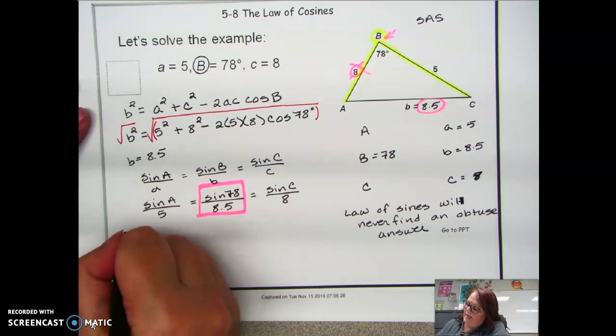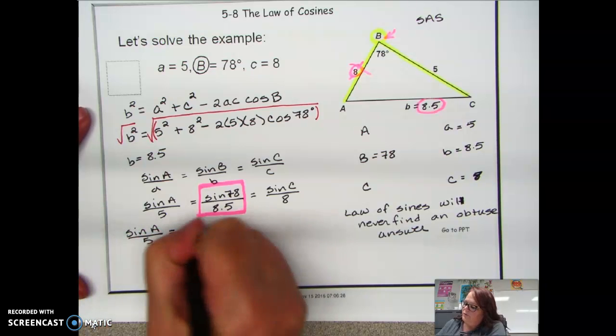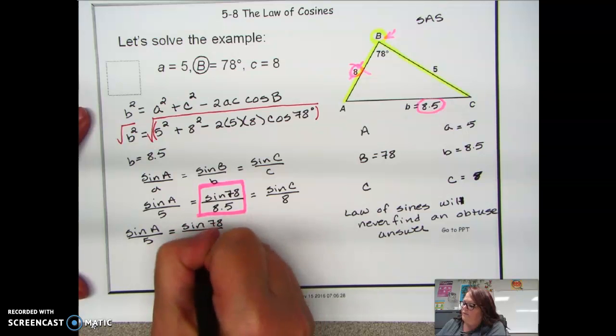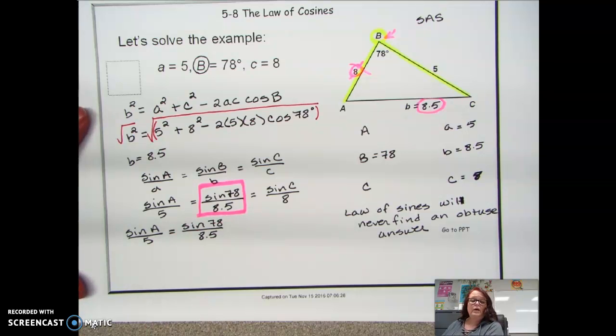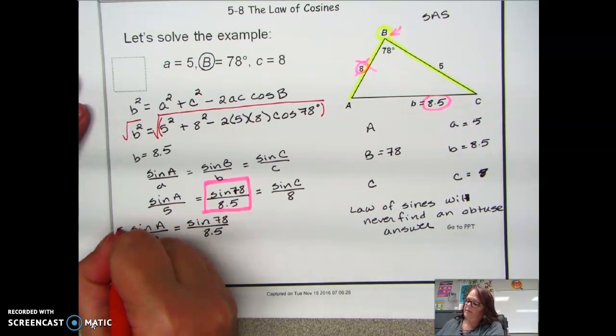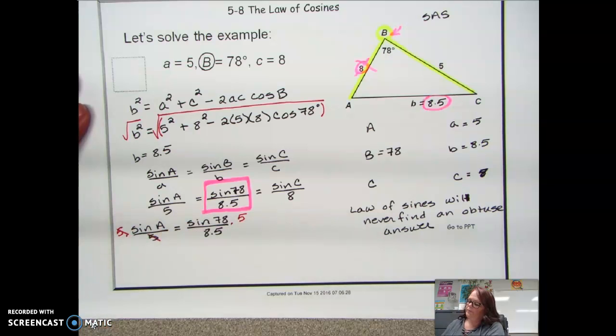And so I'm going to say the sine of A over 5 is equal to the sine of 78 over 8.5. Now we could cross multiply, but that actually causes a lot more work. I'm just going to multiply both sides by 5 so that these cancel.